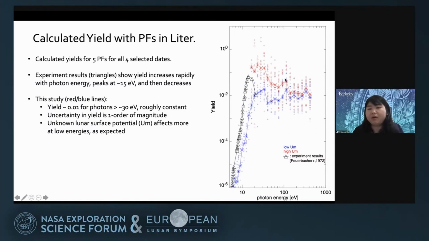But our calculations are the red and blue lines, because the lunar surface potential is unknown. We have to bound it with high and low values. In general, what we can see is that the yield is roughly 1% at high energies and roughly constant, changing little with energy, and the uncertainty is roughly 1 order of magnitude.